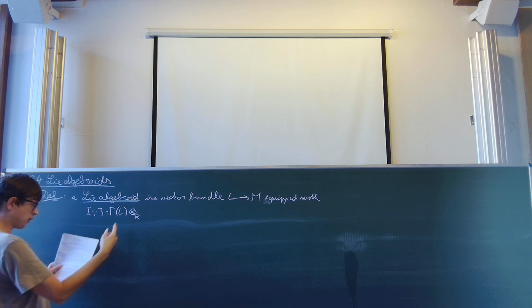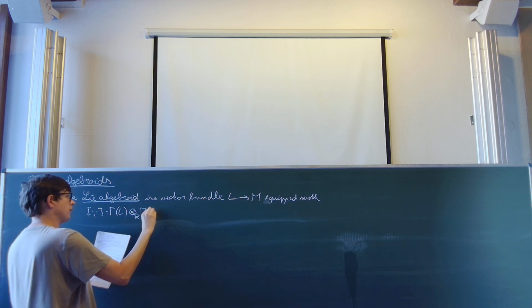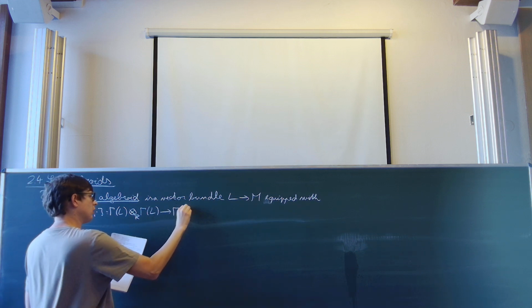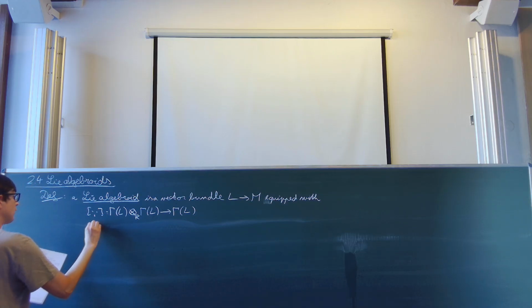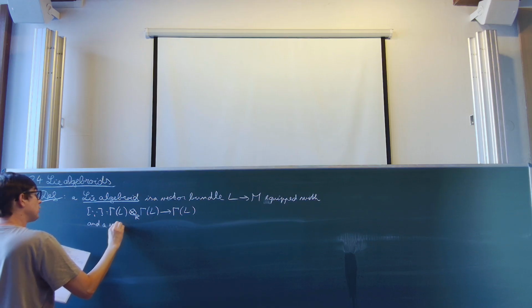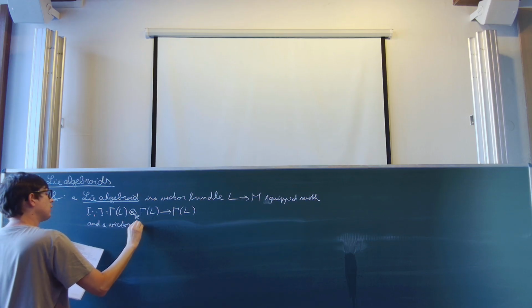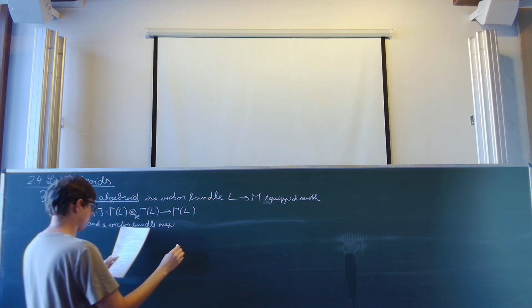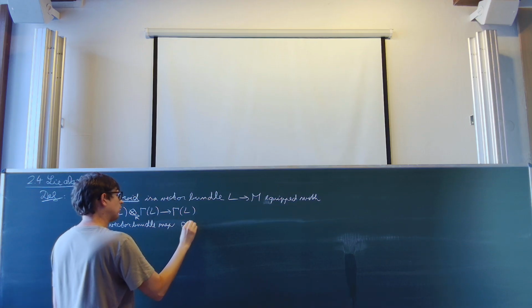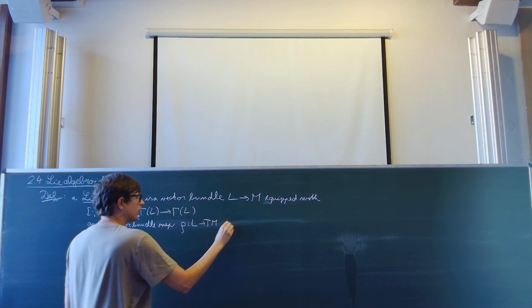It's bilinear with respect to real numbers. And a vector bundle map, again called the anchor.